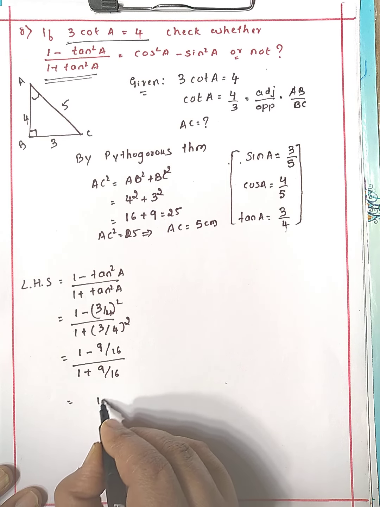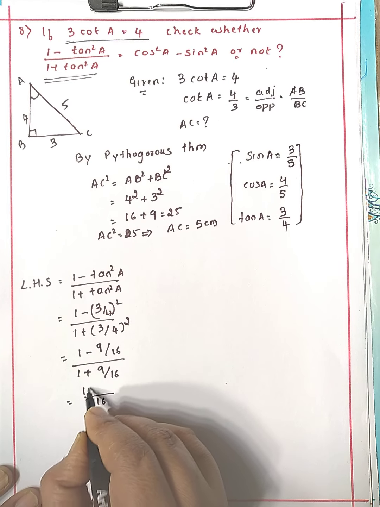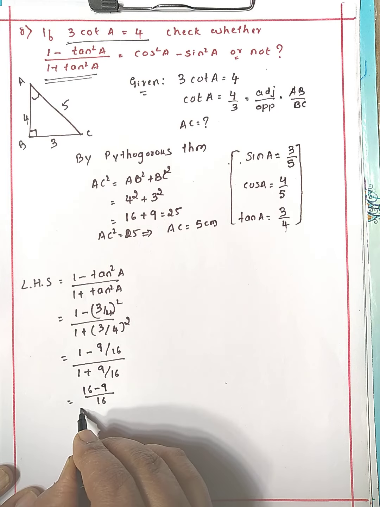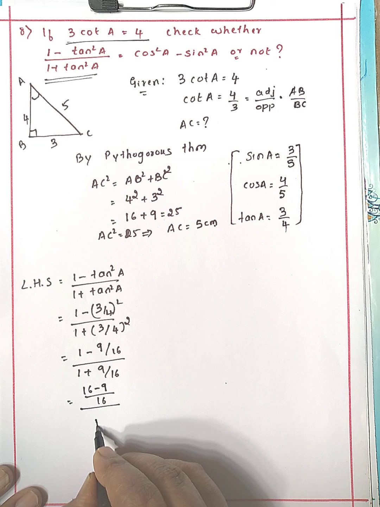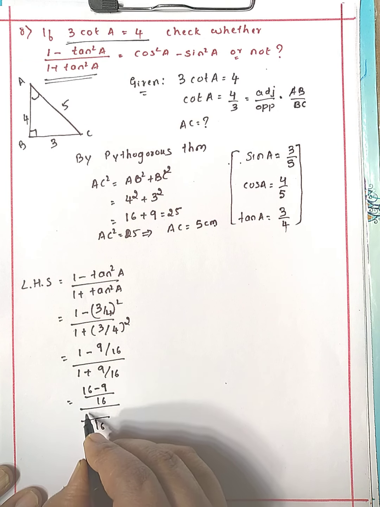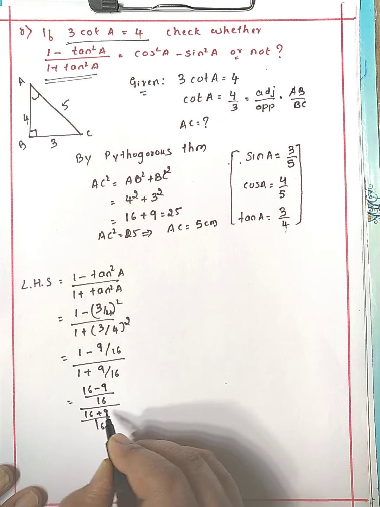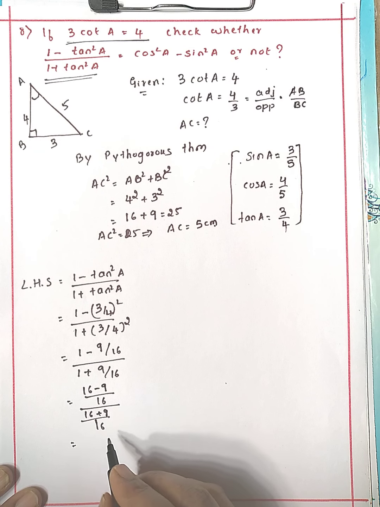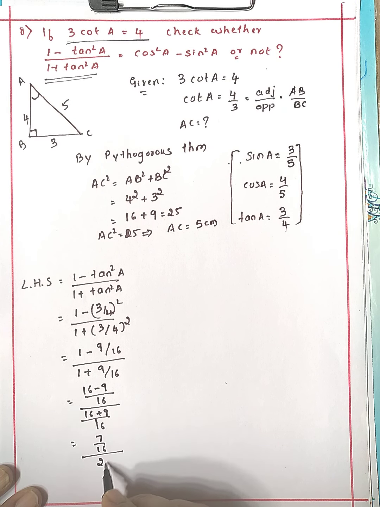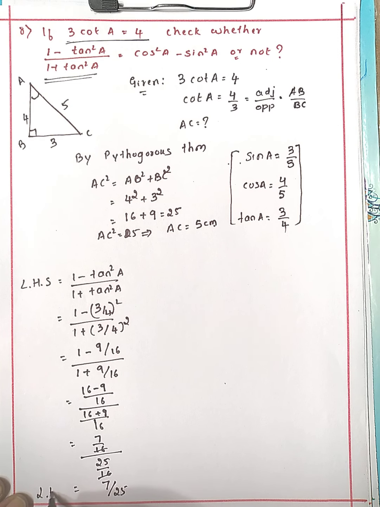Take LCM here, 16. This becomes 16 minus 9 and here 16 plus 9. 16 minus 9 is 7 by 16 whole divided by 25 by 16. 16 get cancelled here. You will get 7 by 25. This is LHS. LHS is 7 by 25.